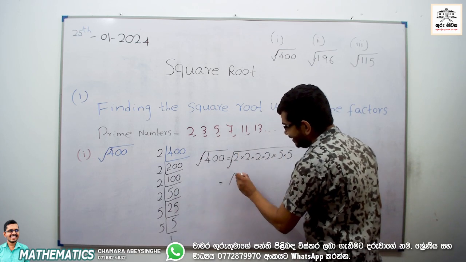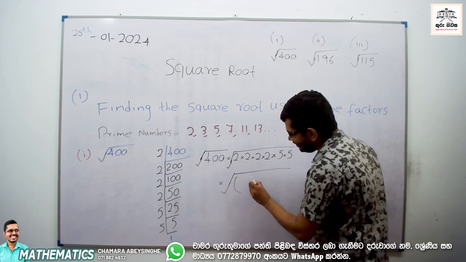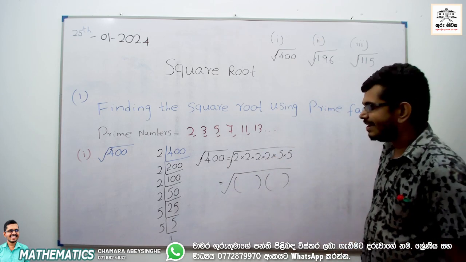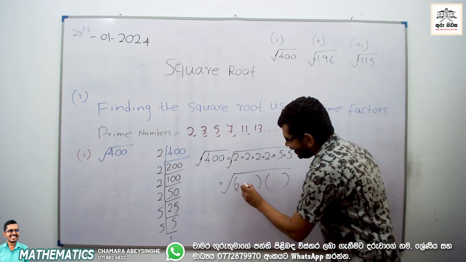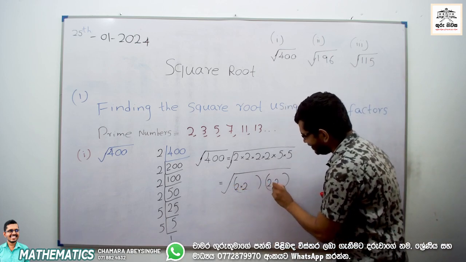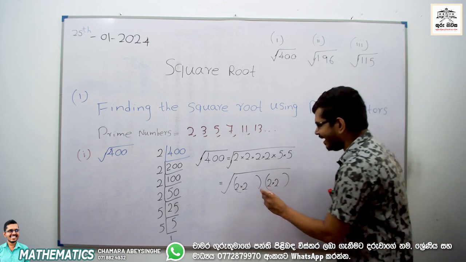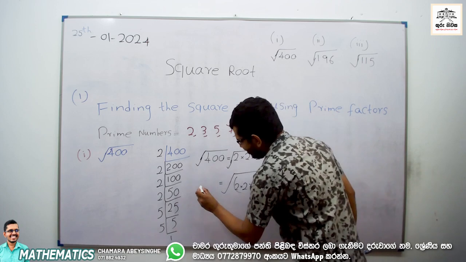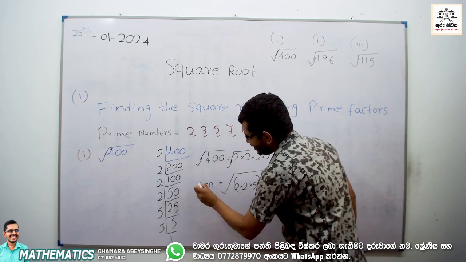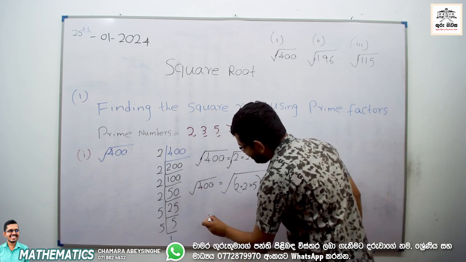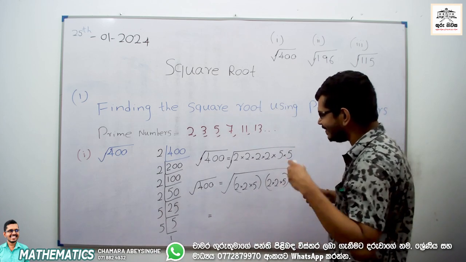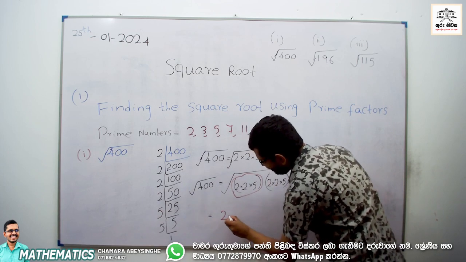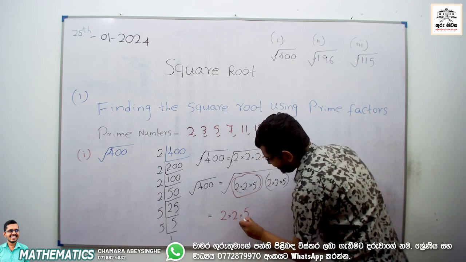Now we should divide into two equal groups. There are 2, 2, 5 in one group, and 2, 2, 5 in the other group. Now square root 400 is the value of one group: 2 multiply 2 multiply 5.